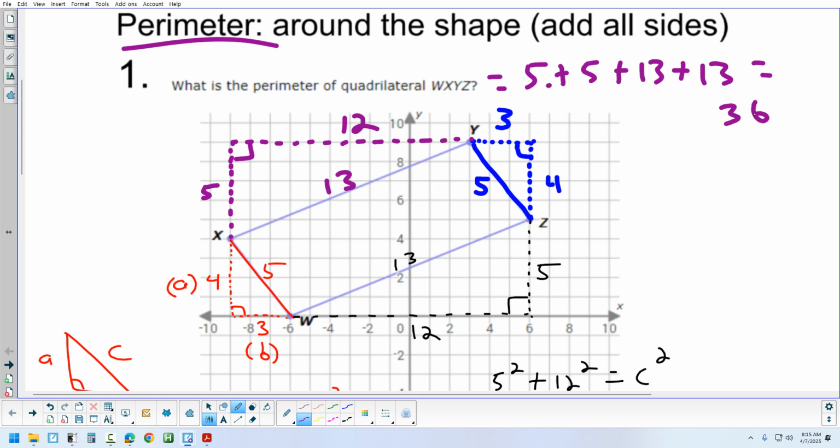So that's 36 units, and we always want to put a label if we have one. We don't, so I'm just going to put 36 units. Whatever, 36 inches, 36 centimeters, whatever the unit is. So that's how you find the perimeter.